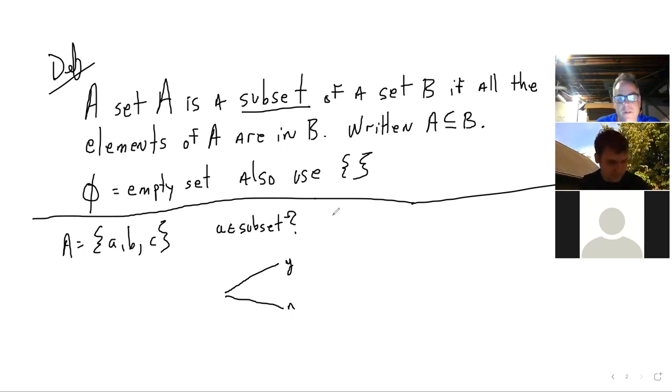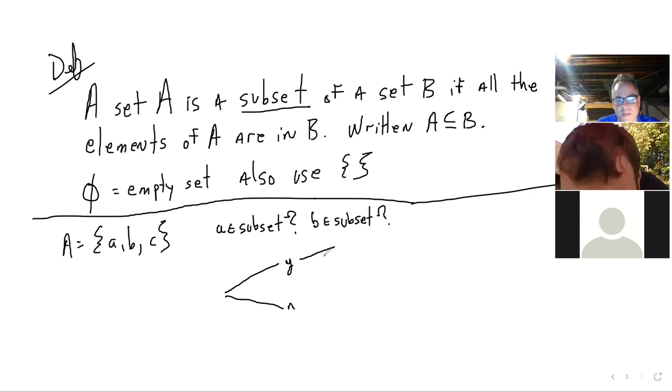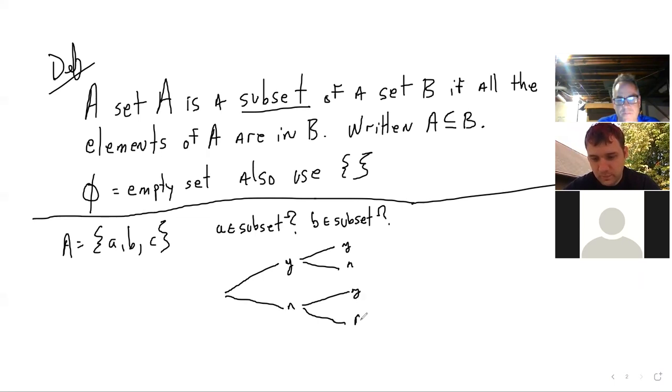Then I'm going to move to the next element, B, and ask the same question: is B an element of the subset? In asking this, I have to acknowledge I've already asked the first question and it's been answered. So there are 2 possibilities, a yes or a no, off of each of these. If I had answered no on the first question, I would still ask, is B an element of the subset, yes or no?